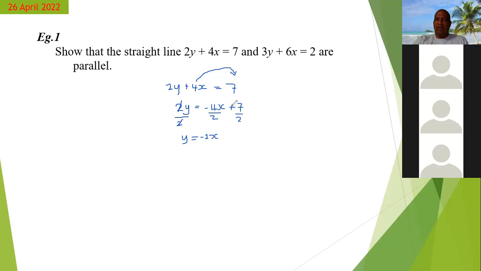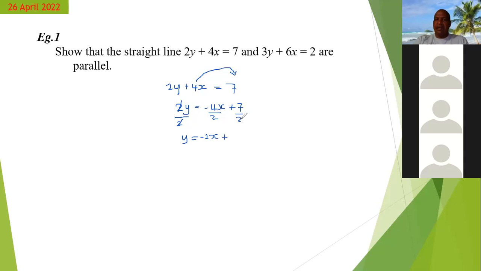And then the last term is not completely divisible by 2. So you can leave it as an improper fraction, or if you want, you may leave it as a mixed number.